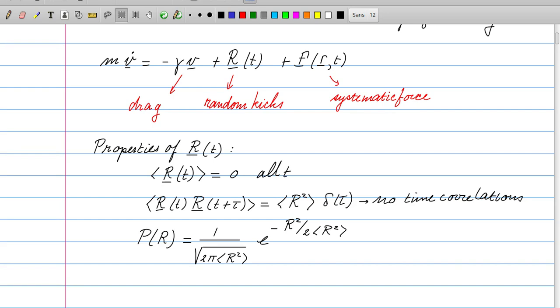The final property of the random force is that it's subject to a Gaussian distribution. So each force is drawn from a Gaussian probability distribution.